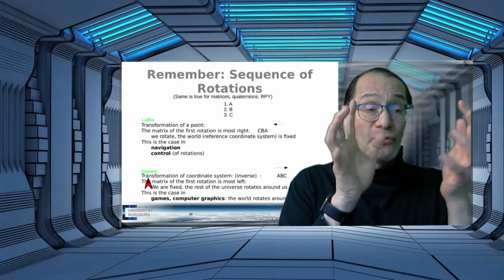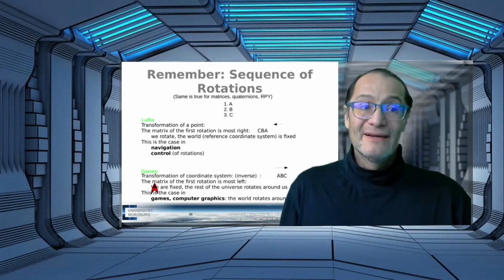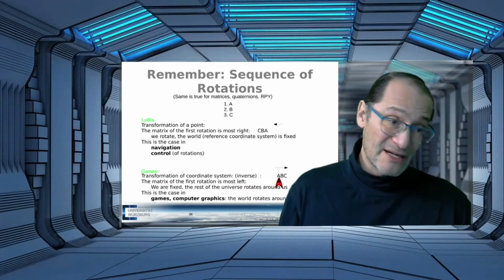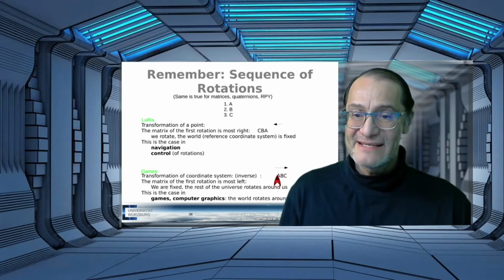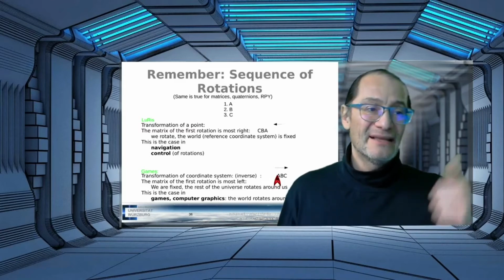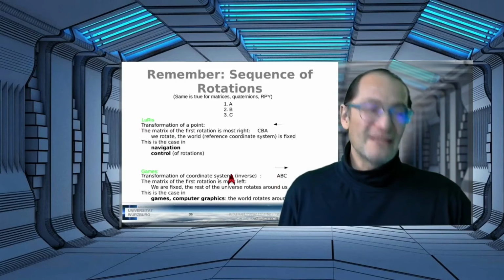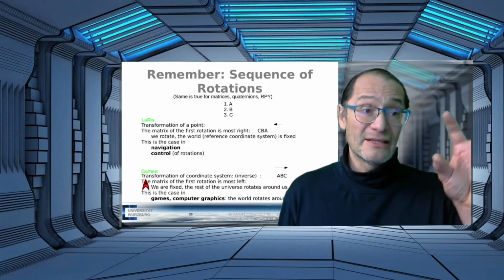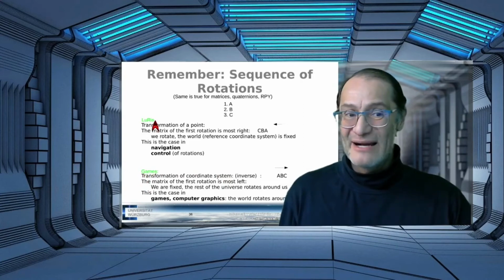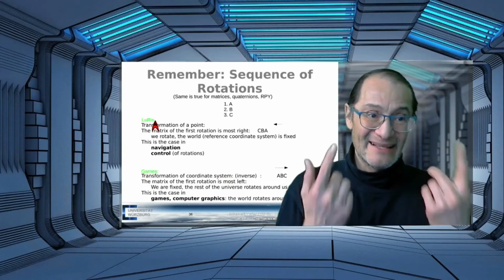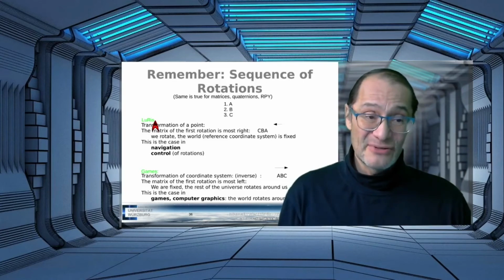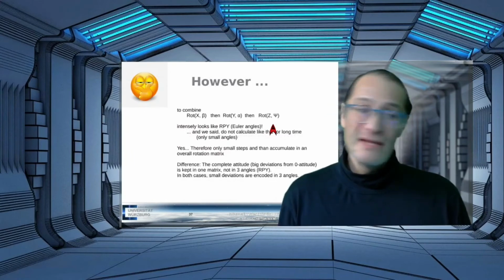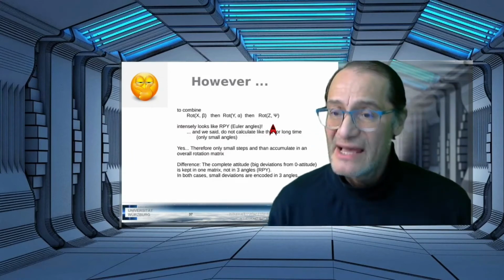Therefore, if you are moving the camera, then you have to use the opposite sequence of rotations. The first comes to the left and the last to the right. But this is something important only if you are working with computer graphics and rotating the camera. In our case, we don't have a camera. We are rotating and the rest of the universe is our reference. So, from right to left. Don't forget it.